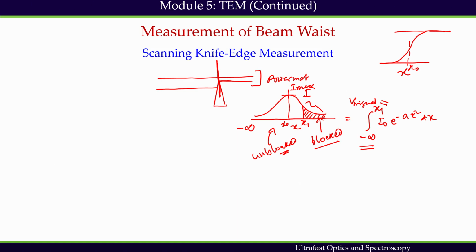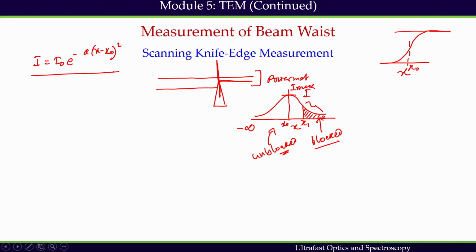So, instead of the general form, I will use a form suitable for the present work: I equals I naught e to the power minus a (x minus x naught) square. This represents the Gaussian profile centered at x naught.